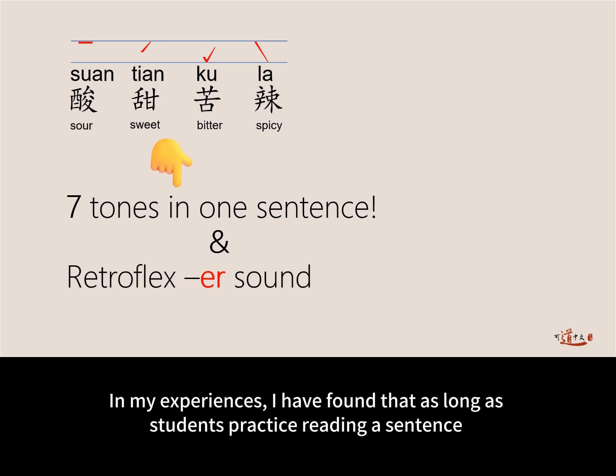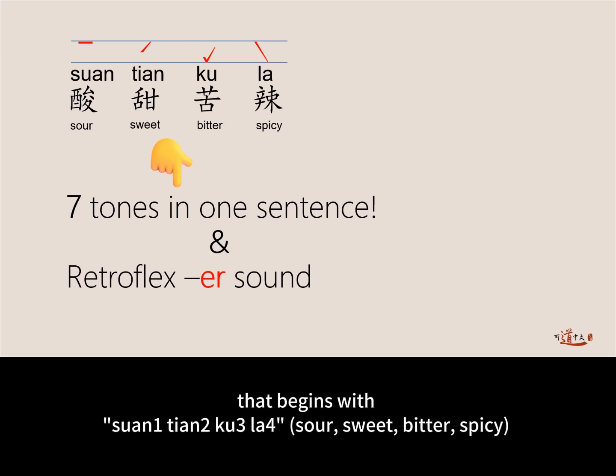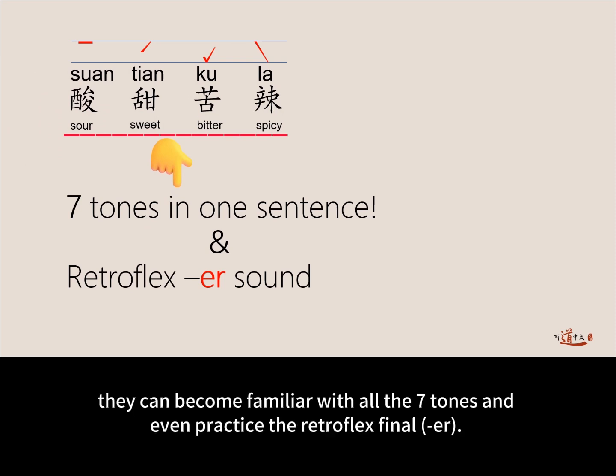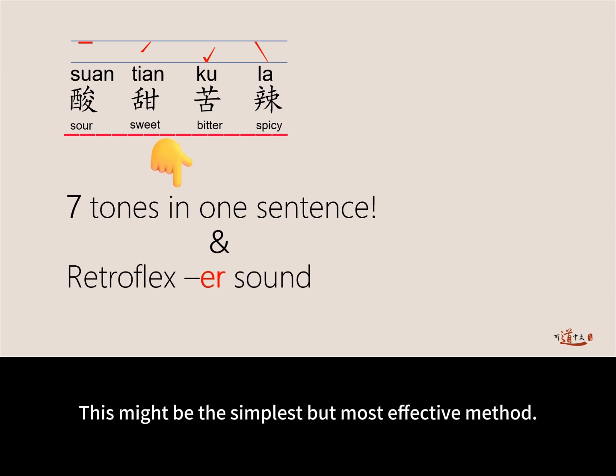In my experience, I have found that as long as students practice reading a sentence that begins with 酸甜苦辣, they can become very familiar with all the 7 tones and even practice the retroflex final. This might be the simplest but most effective method.